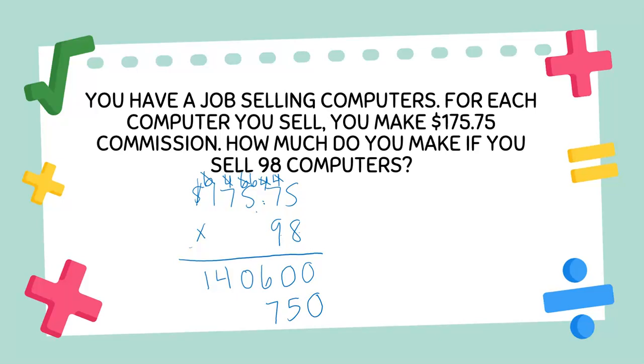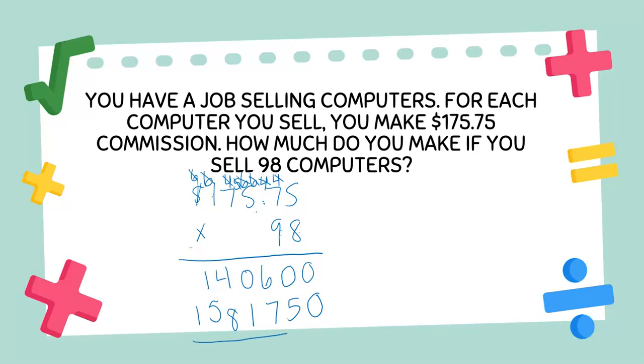Plus 6 is 51. Put down the 1, carry the 5. 7 times 9 is 63. Plus 5 is 68. Put down the 8, carry the 6. 9 times 1 is 9, plus 6 is 15.